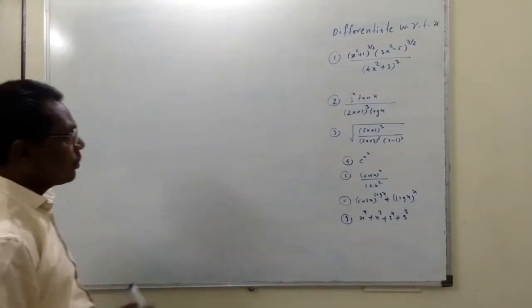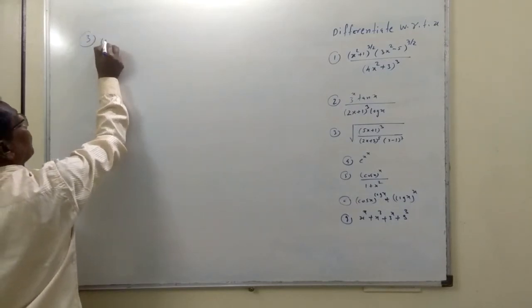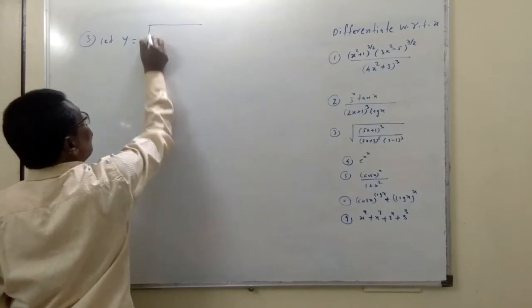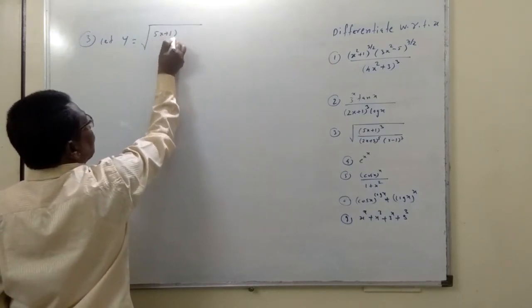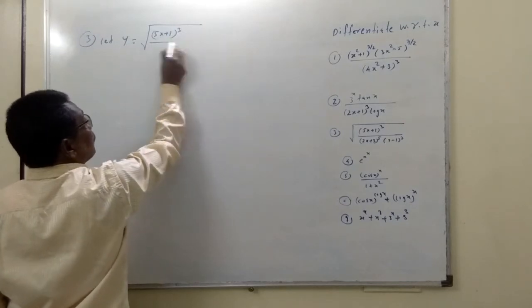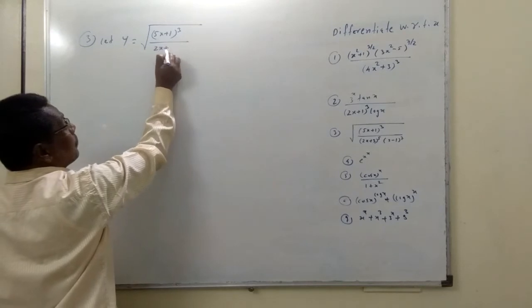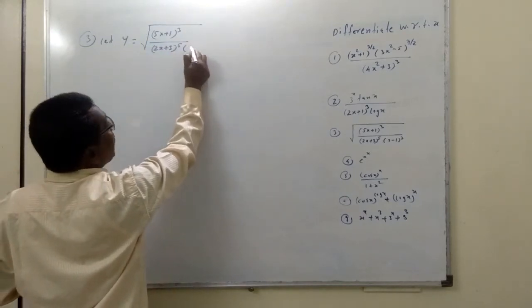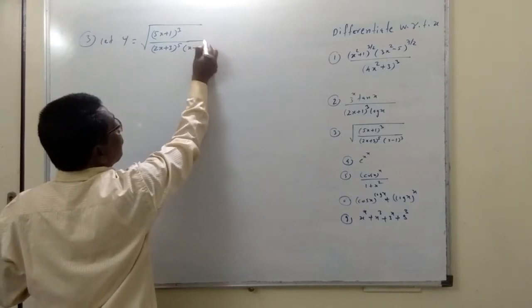Okay, now we'll see how we find the derivative of this third example. So third example, let y is equal to the function that is root of 5x plus 1 bracket cube divided by 2x plus 3 raised to 5, x minus 1 raised to 7.